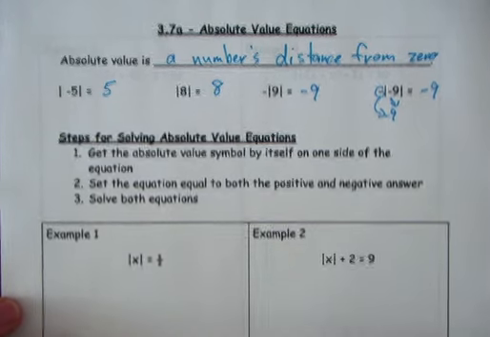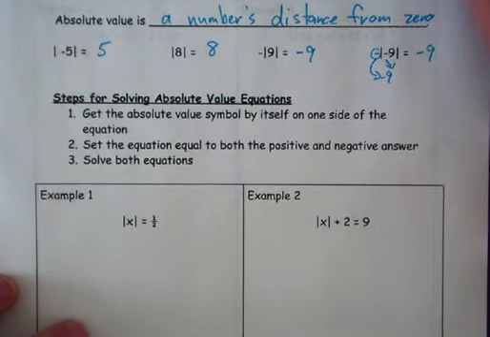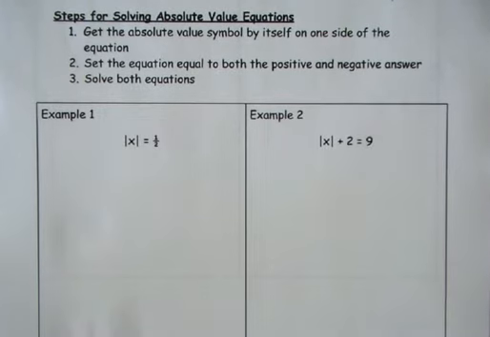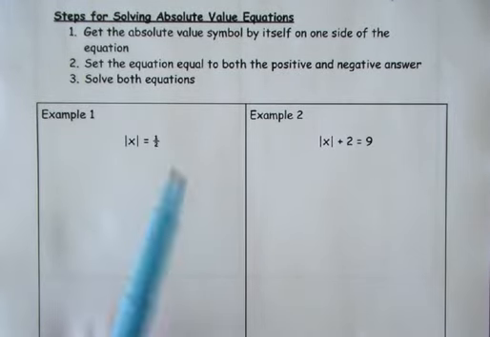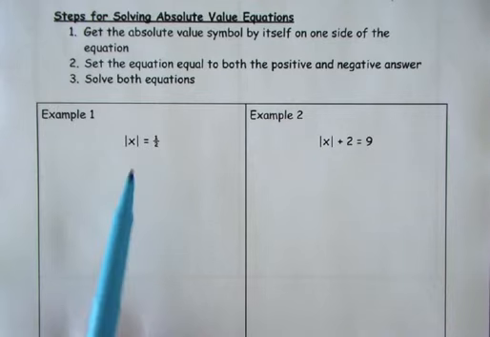Let's talk about solving absolute value equations. The steps are pretty simple. You're going to get the absolute value symbol by itself on one side of the equation. Normally when we are solving an equation in algebra, we solve for the variable. But if there are absolute values involved, we're going to solve for the absolute value first.